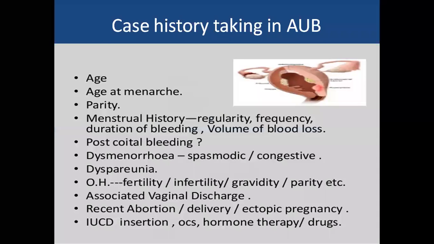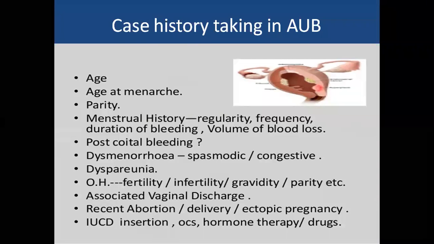Coming to history taking, in the history, age is very important. Depending upon the age of the patient, the causes of AUB vary, the investigations we do and the treatment options are also different. If the age of the patient is around puberty, it is pubertal menorrhagia.